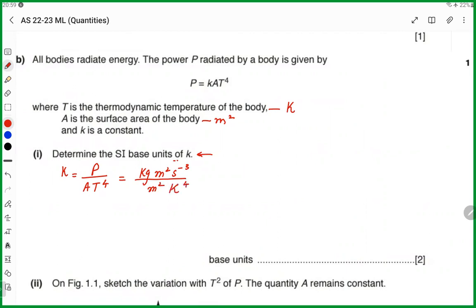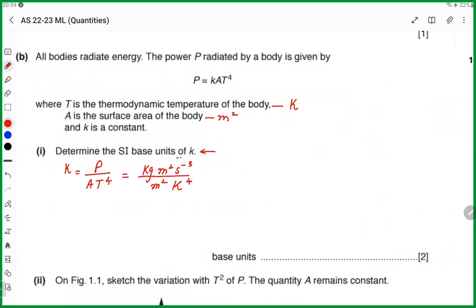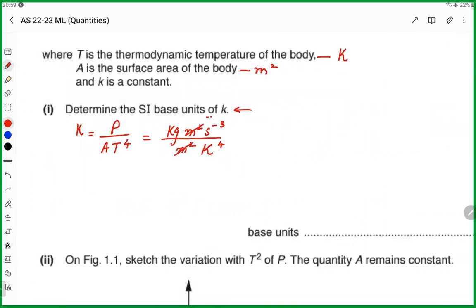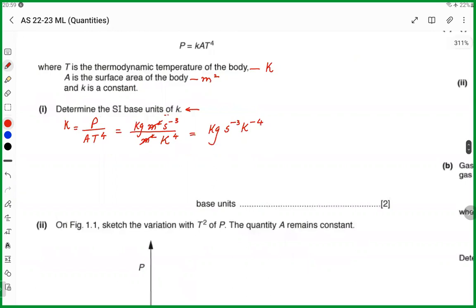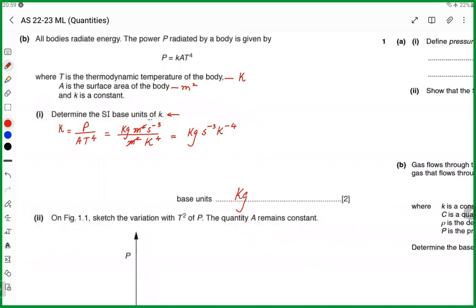I hope you can clearly see that I can cancel meter square with meter square. So what I'm left with is kg s minus 3 K minus 4, kg per second cube per Kelvin 4.